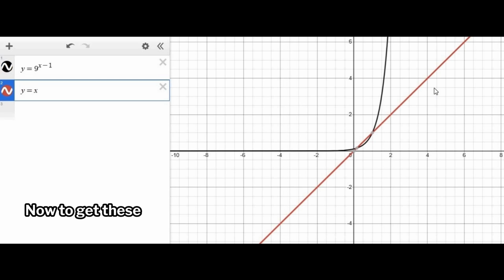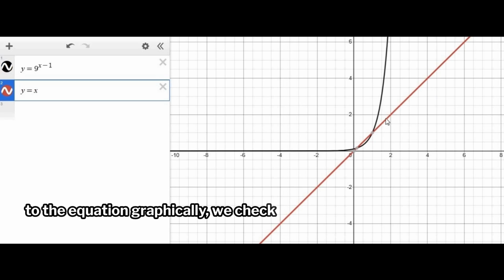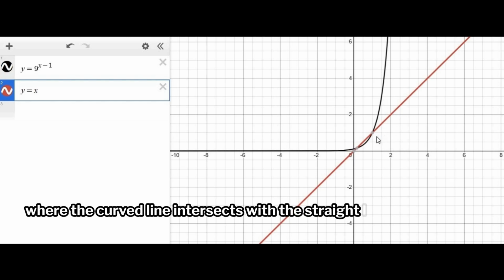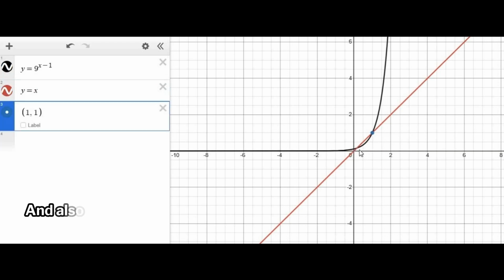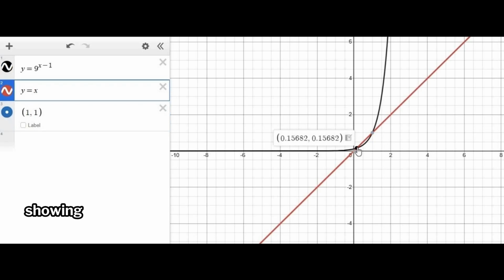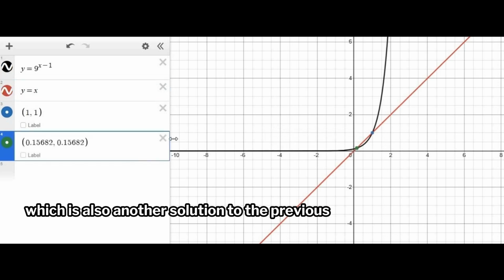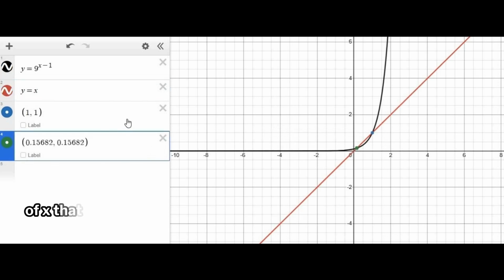Now to get the solutions to the equation graphically, we check where the curved line intersects with the straight line. We can see a point of intersection here showing that x is equal to 1, and also another point of intersection here showing x equals 0.15682, which is another solution besides the value of x that we had earlier.